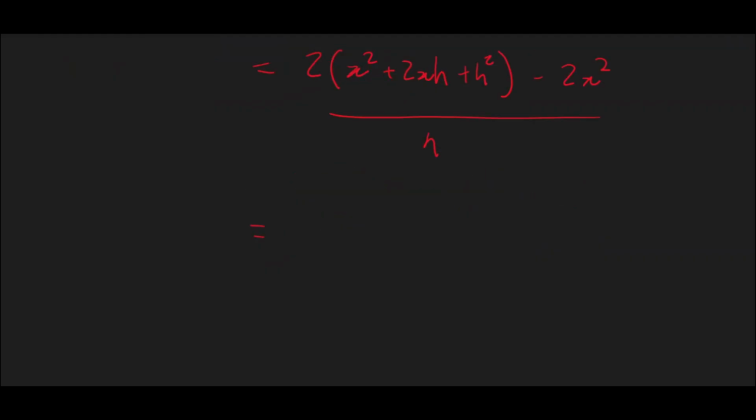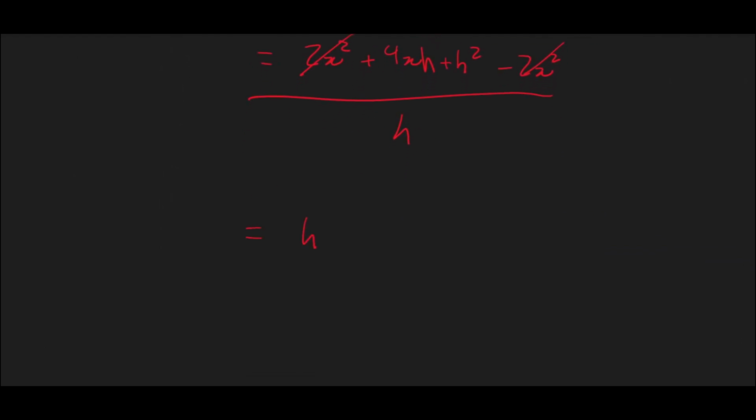We can multiply everything out on the top. 2x squared plus 4xh plus 2h squared minus 2x squared. And this is handy because we have a positive 2x squared and a negative 2x squared, so they cancel out. We just have h on the bottom.